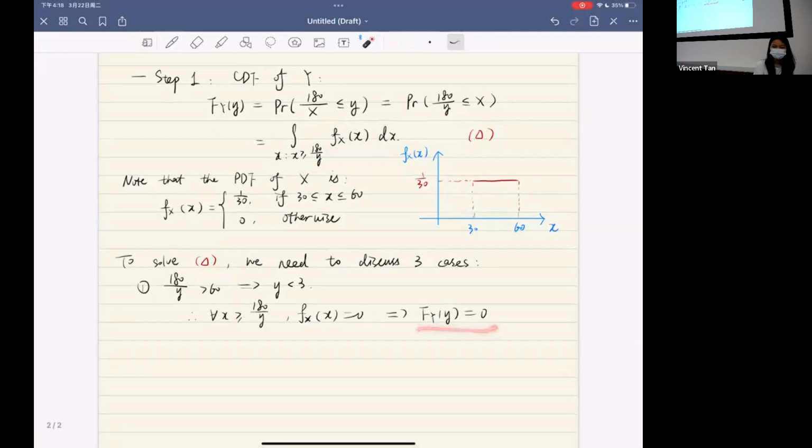So the CDF of y is 0 for y smaller than 3.